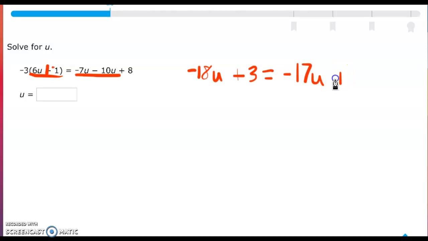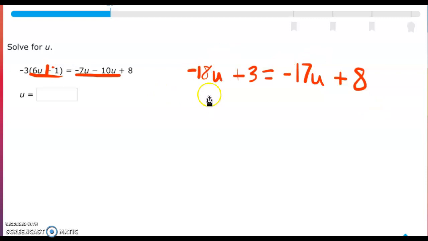Once you have simplified the sides by distributing through, if there's parentheses, or when you have terms that can be combined, once you've done that, then you can start moving things from one side to the other by adding to both sides or subtracting.